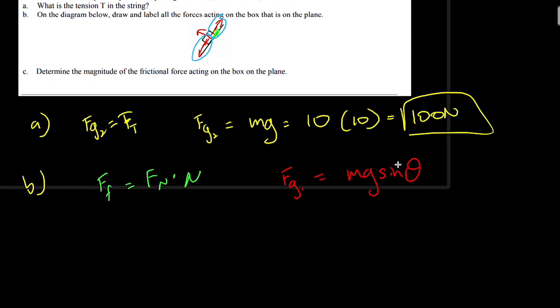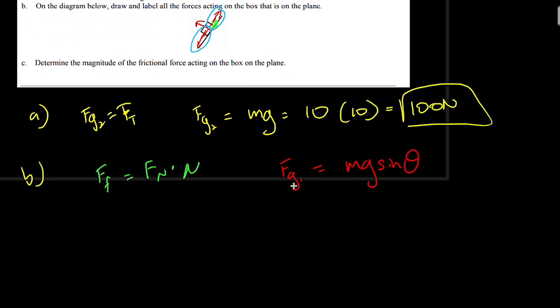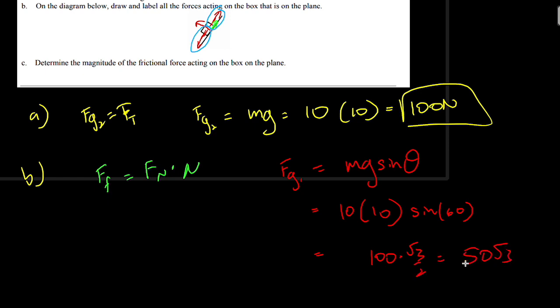In this case, theta is equal to 60, and it says you can use 0.87. I'll just use root 3 over 2. But yeah, we're going to have 10 times, which is the mass, times gravity, 10 times sine 60, or 100 times root 3 over 2, or just 50 root 3.